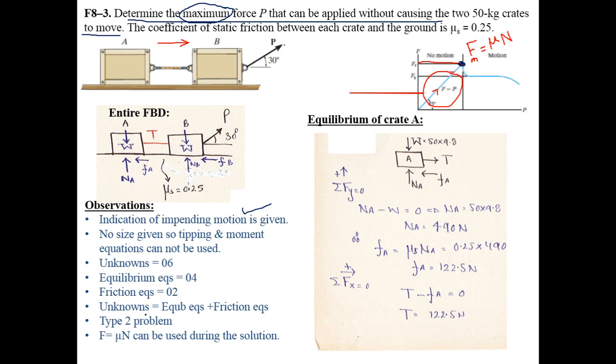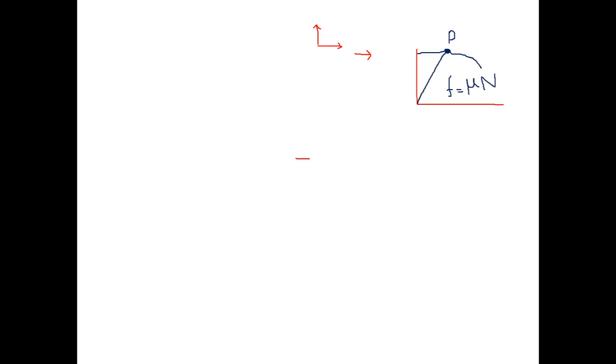So the unknowns were exactly equal to the equilibrium equations plus friction equations, not less, not greater, exactly equal. So this is a type 2 problem. This condition has to be satisfied. This is the key equation that you need to satisfy for all the problems.